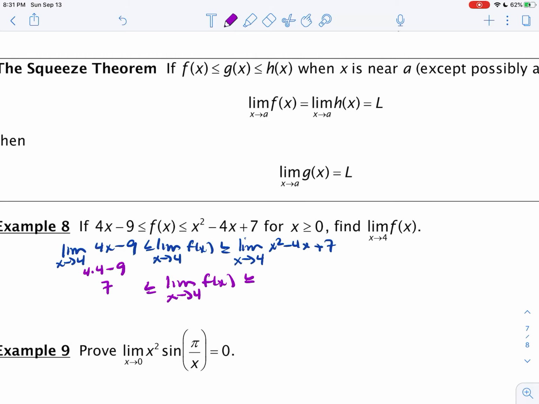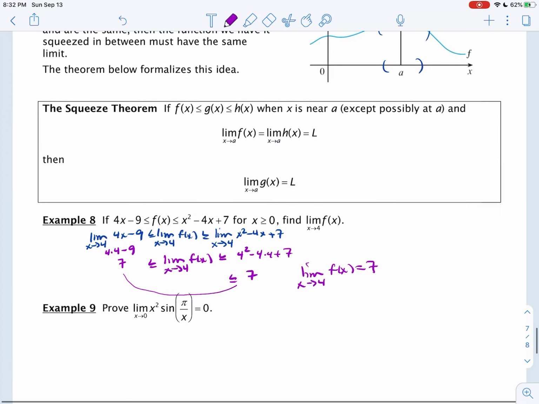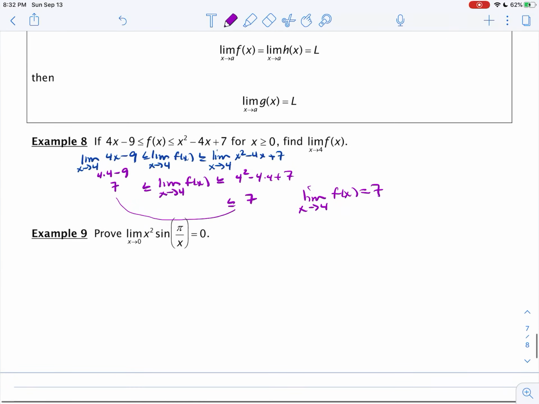And the limit as x approaches 4 of x squared minus 4x plus 7 is going to be 4 squared minus 4 times 4 plus 7. That's 16 minus 16 plus 7, and that is also equal to 7. And so since these guys are the same, that tells me the limit as x approaches 4 of f of x is also equal to 7 by the squeeze theorem.